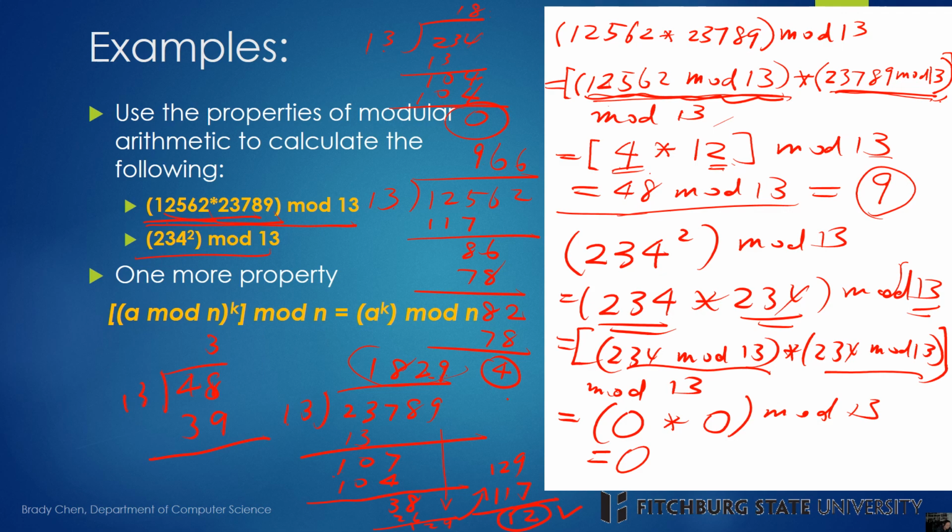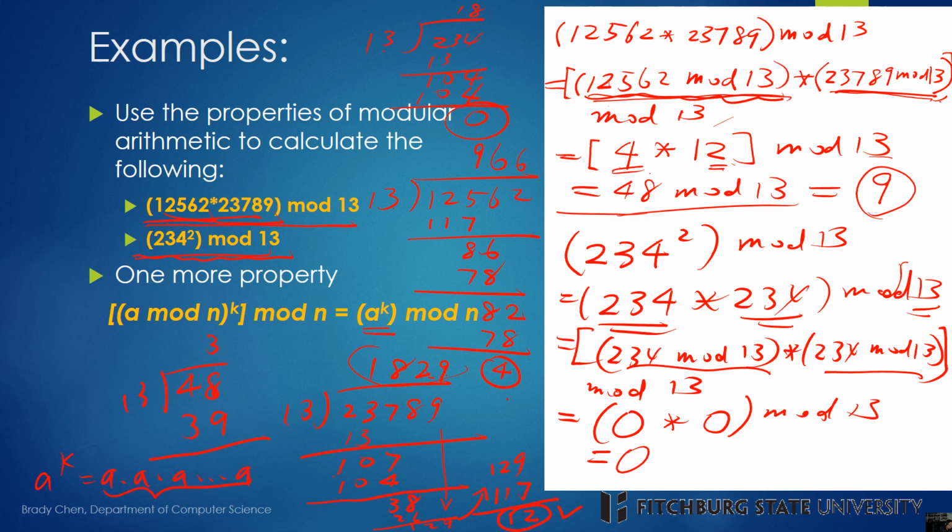Now, we can actually extend the concept of the power to a general case. For example, if we say a to the k, what is a to the k? That means you multiply a k times. So a to the k is a times a times a times a.